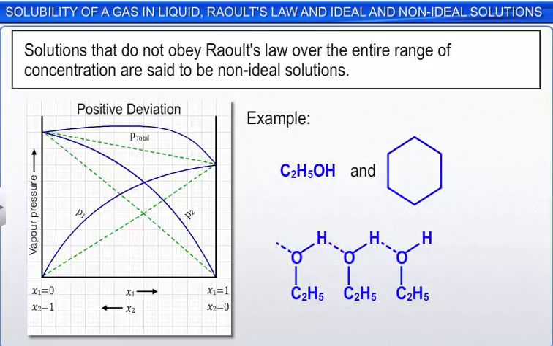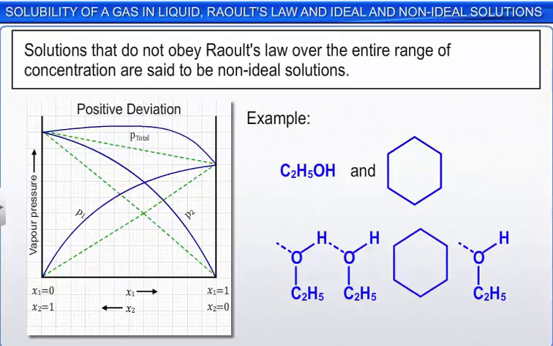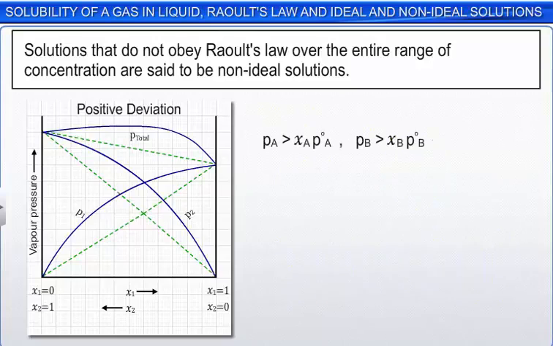On addition of cyclohexane, its molecules get in between and there is a considerable reduction in ethanol-ethanol hydrogen bonding. As a result, it becomes easier for the ethanol molecules to escape into the vapor phase, and thus we see the positive deviations from Raoult's law.